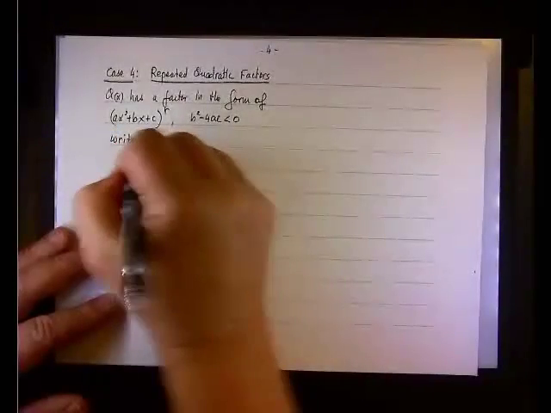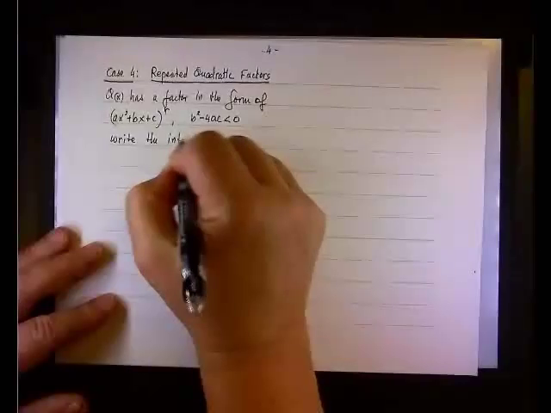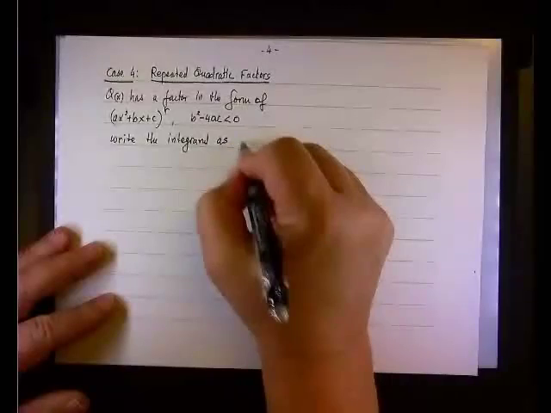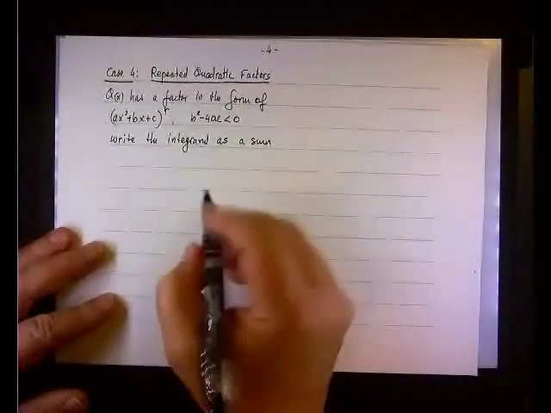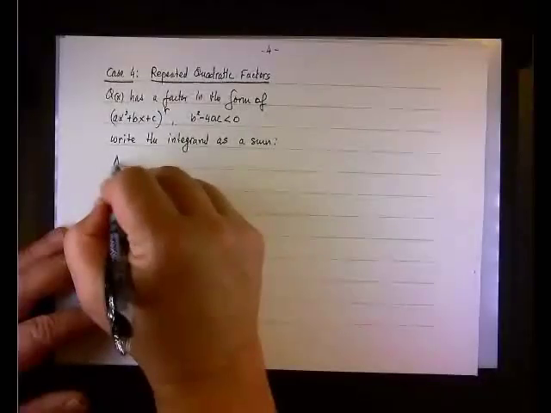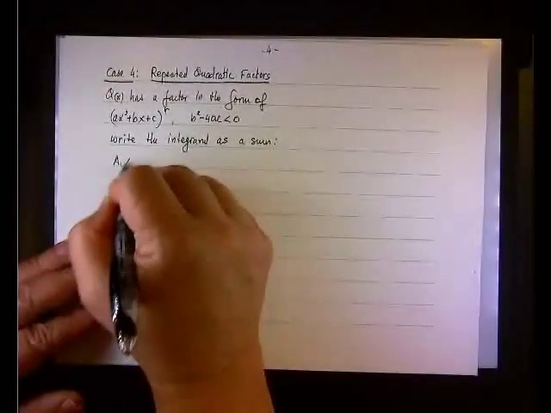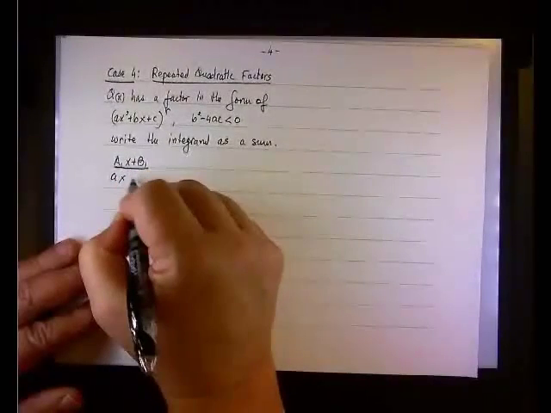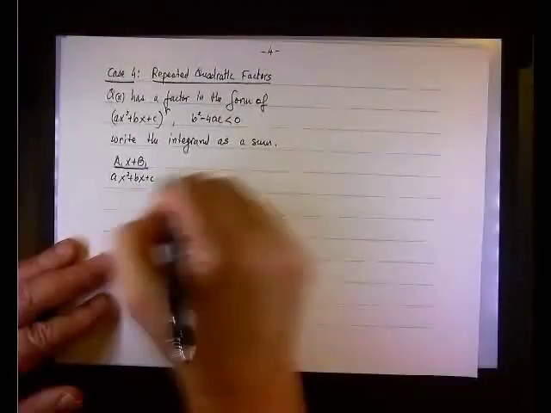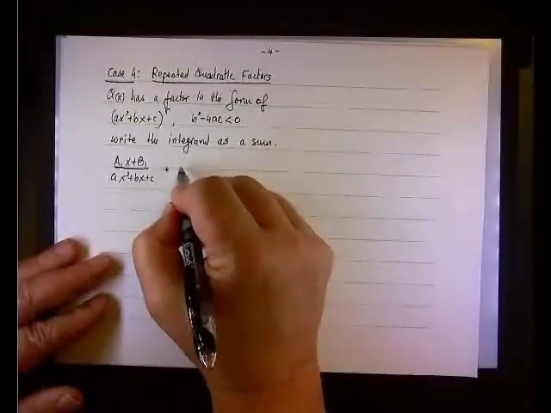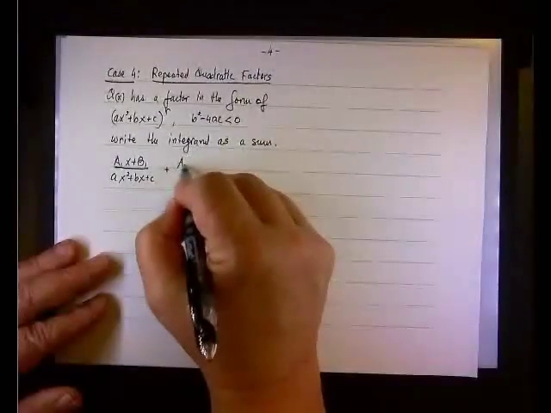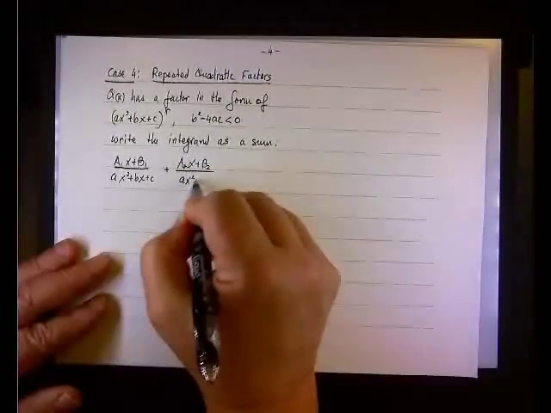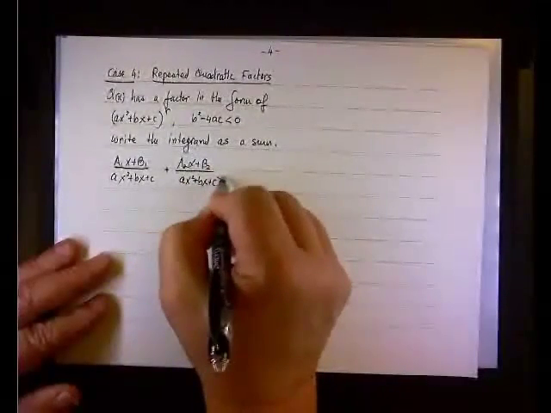In this case, we write the integrand as a sum. I can say the following sum: a1 x plus b1 over ax squared plus bx plus c, then plus a2 x plus b2 over (ax squared plus bx plus c) squared.